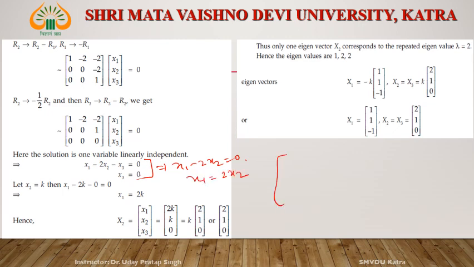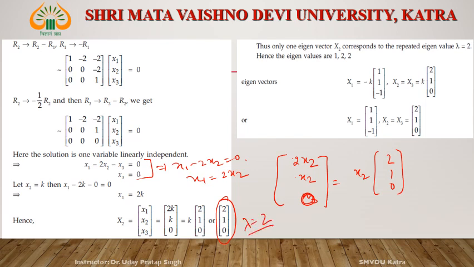So what is our vector? Our vector is x1, that is 2x2, x2, and the third element x3, which is 0. Taking 2x2 common, we get 2, 1 and 0. So 2, 1, 0 is the vector corresponding to lambda equal to 2.